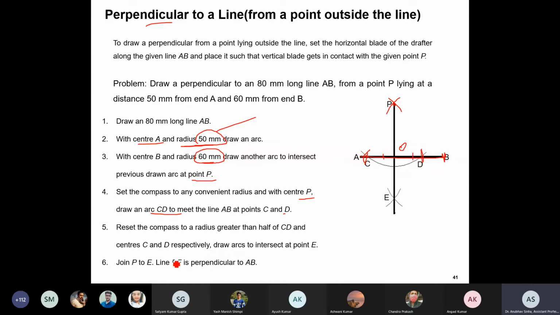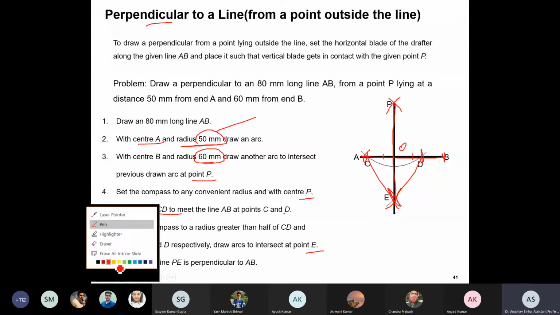Now you take the compass and draw two arcs to intersect at E. This is drawn from C, and from D I'll draw one more arc so that they intersect, and I find E. Now from P you join this line, so that is your perpendicular from P to point E.